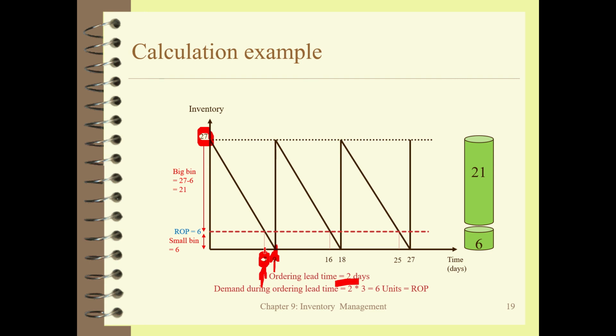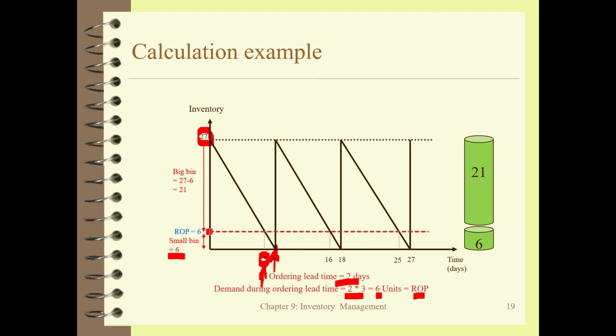And this order will be equal to how many? 6. The 6 comes from the fact that every day you need 3 units, over these 2 days. So 3 multiplied by 2 gives you 6 units, and 6 units become the reorder point.